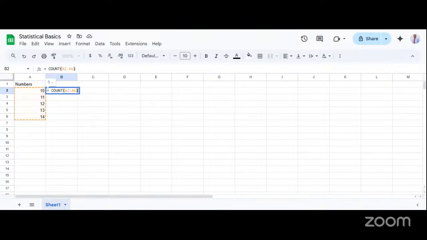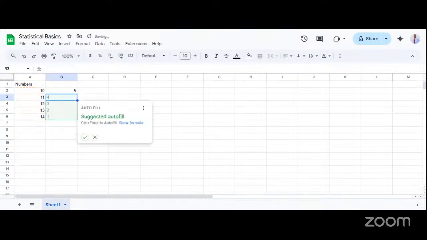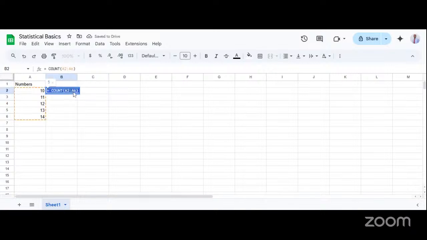So this is giving us 5. These are the number of data points in this particular set.